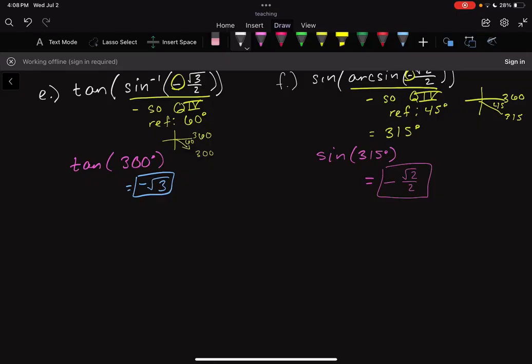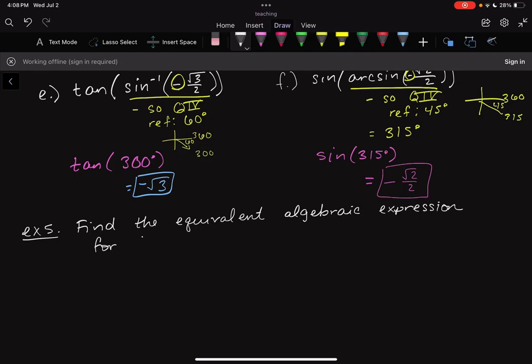This one says, find the equivalent algebraic expression for the composition below. And it says sine of arc secant x.